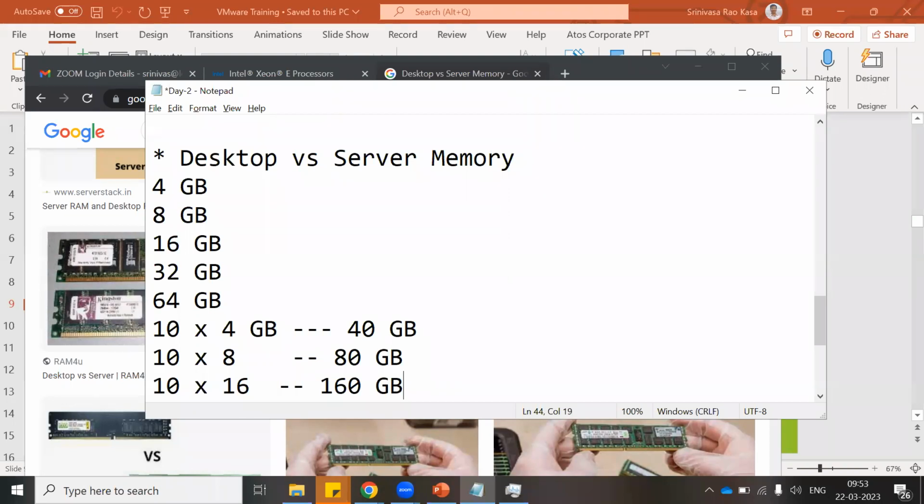We need to understand each and every component. That's very critical for understanding the virtualization layer effectively, because we are going to work with multiple servers and performance is going to come into the picture. While working on performance, we need to calculate what capacities are available and all those things. Okay, hope it is clear. Server memory.